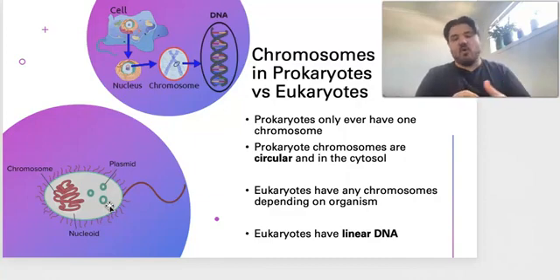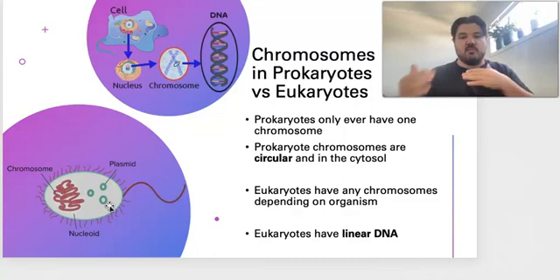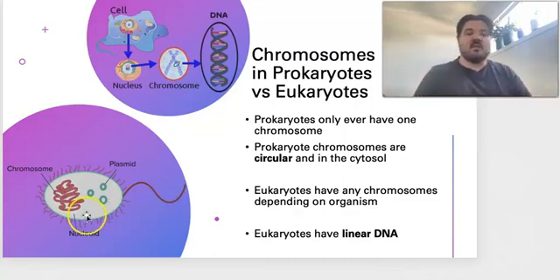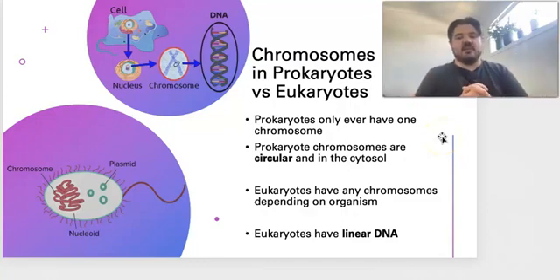They do have a cell wall and a cell membrane, but they lack a lot of the internal structure that a eukaryote has. And so when we're thinking about chromosomes within a prokaryote, it's the same thing. A prokaryote only ever has one chromosome, and it looks somewhat like this. One chromosome and it's circular. We always have to think of chromosomes as circular in prokaryotes.